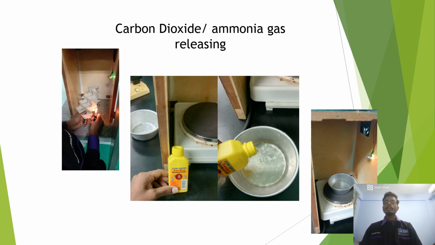For the ammonia gas, I used cow urine. I boiled the cow urine for the ammonia smell to be released in the partition, so that I can get the best results for the ammonia reading.